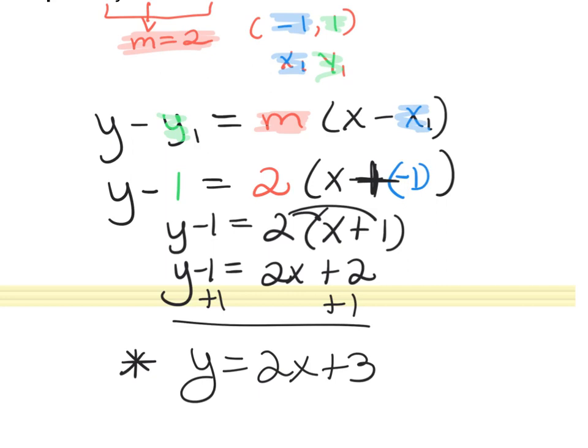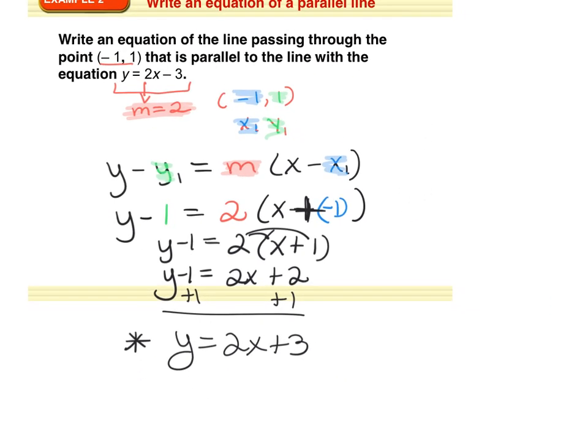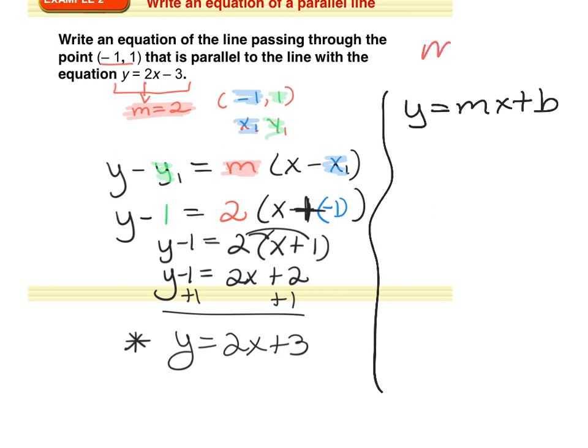Now, just to show you, in your Algebra 1 class, they might not have taught you point slope. They might have only ever focused on y equals mx plus b. So the other way you could tackle this problem is, again, we're still using the same slope, so m equals 2, but this time the ordered pair (-1, 1) is going to be my x and y in slope-intercept form.